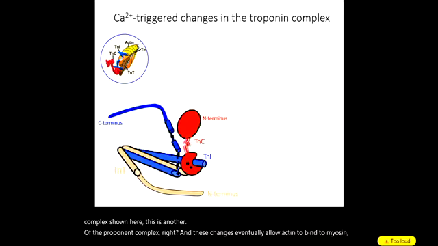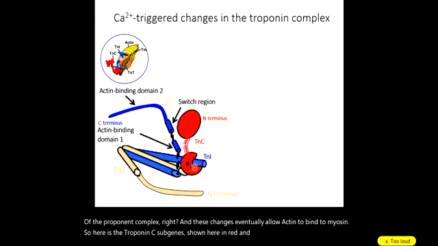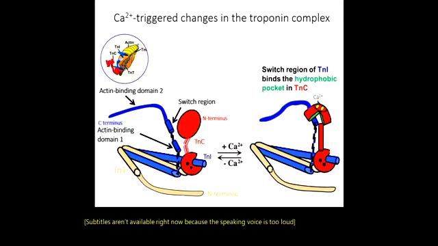So here is the troponin C subunit shown here in red, and I just want to point out that there are different regions, right? I'm not going to ask you to memorize this, but just notice that when calcium binds to the TNC subunit, here you have calcium shown as yellow circles, they bind to the troponin C subunit. Notice that there is this hydrophobic pocket in the TNC which opens up.